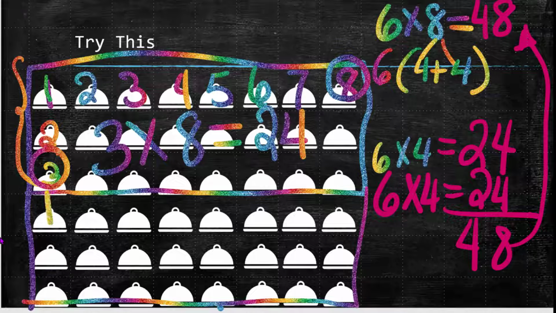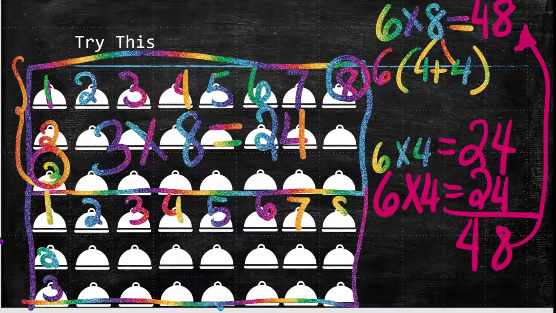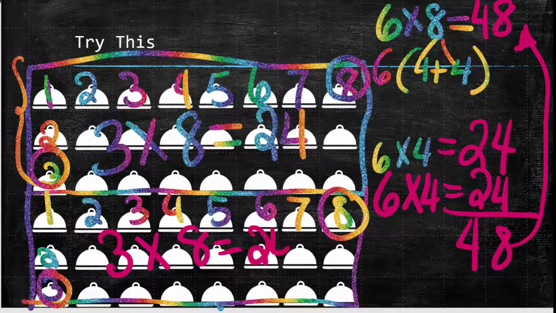And then 1, 2, 3. I really didn't have to do this all over again because I can clearly see that both sides are exactly the same. So there we go again. 8 as one of my factors and 3 is my other factor. And so my multiplication sentence down here would be 3 times 8 equals 24.